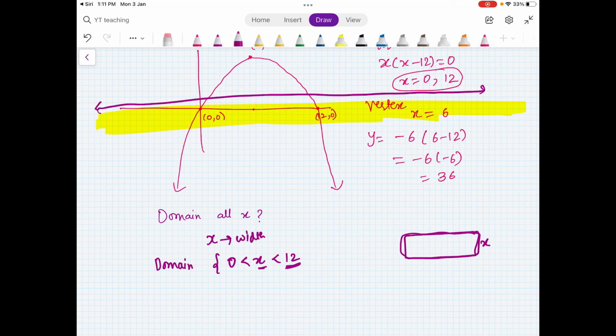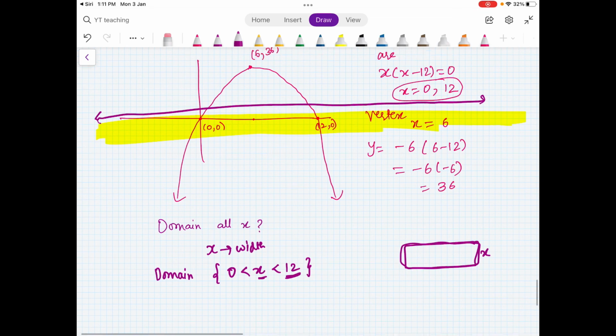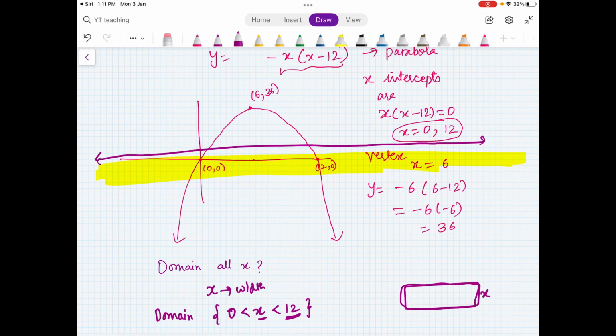So now you see, when you have a real life situation and you are finding the domain and range, you cannot just look at the graph. Here see what happens when you go beyond 0 or beyond 12, right? Then y is negative.